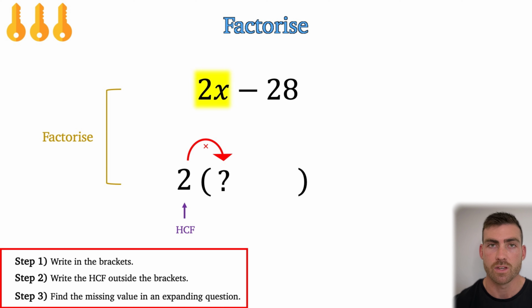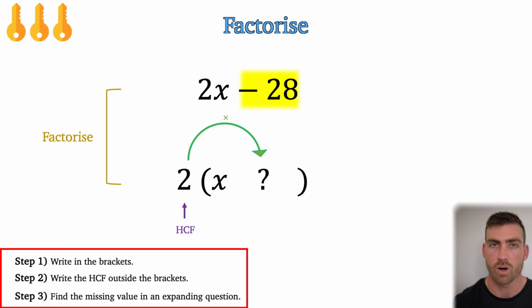In this case, 2 times what gets you 2x? Well, 2 times x gets you 2x. Next, positive 2 times what gets you negative 28. Firstly, a positive times a negative gets you a negative answer. Then 2 times 14 gets you 28.